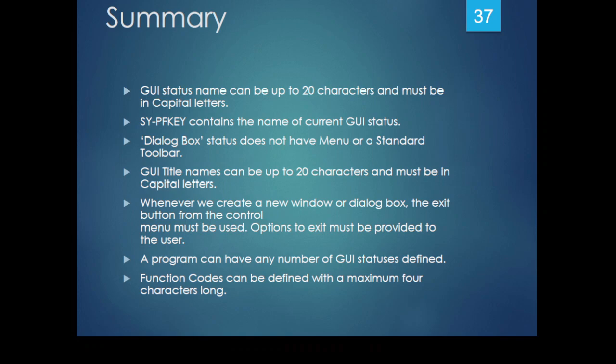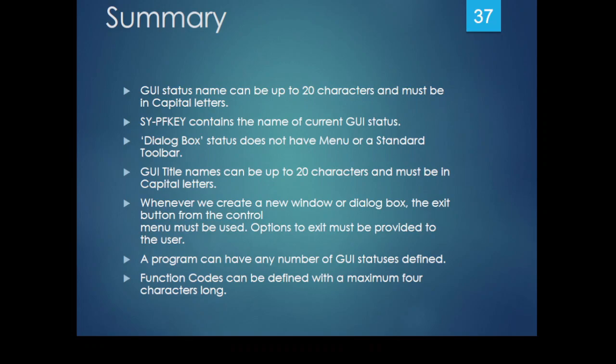If we summarize our video points, we can find that the GUI status name can be up to 20 characters and must be in capital letters. SYPF key contains the name of the current GUI status. Dialog box status does not have a menu or the standard toolbar. GUI title name can be up to 20 characters and must be in capital letters.